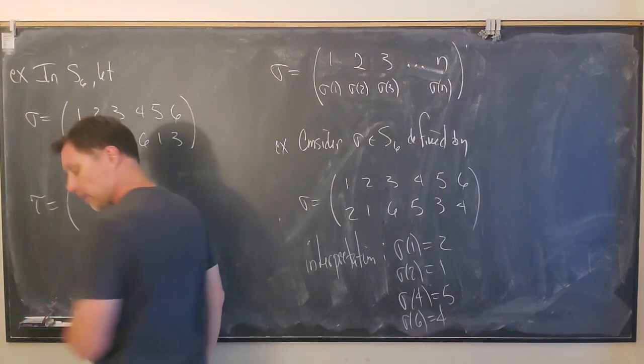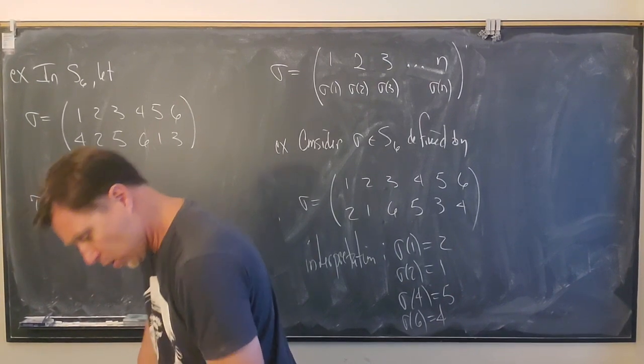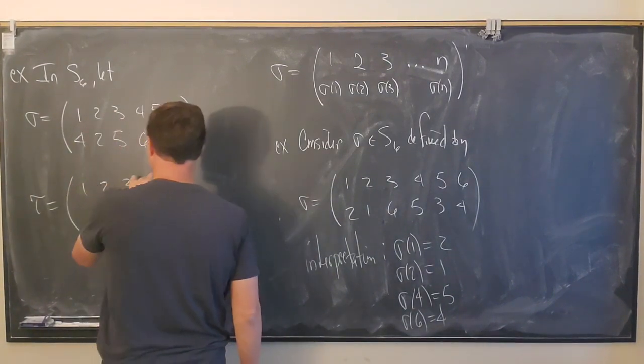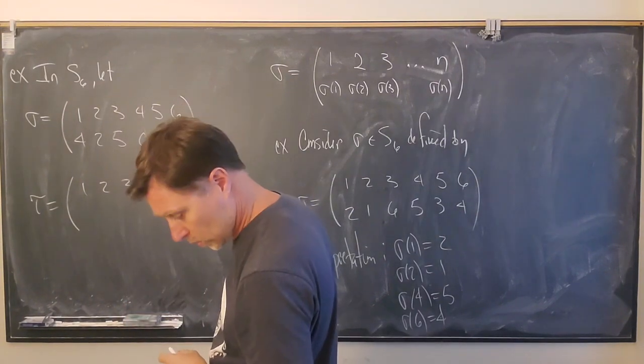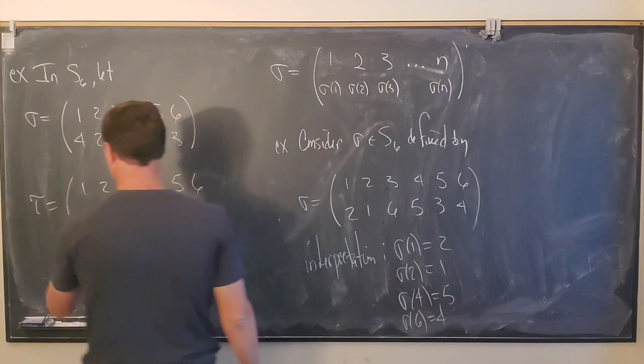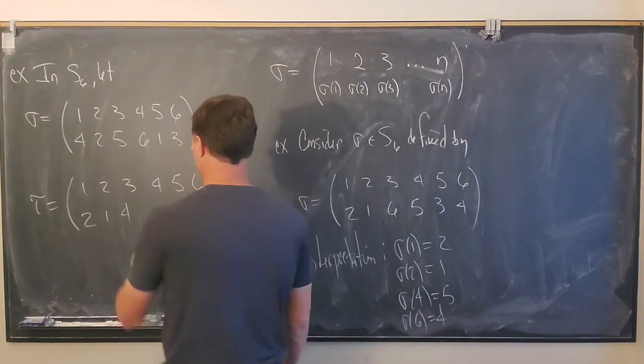Tau is going to be 1, 2, 3, 4, 5, 6, and then we're going to have 2, 1, 4, 3, 6, 5.